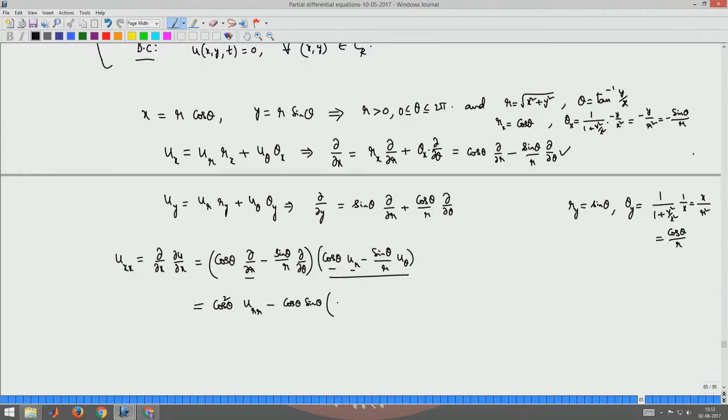So you have u_theta r into 1 by r, minus 1 by r square, that is the derivative of 1 by r, into u_theta. That minus I have already taken, so you are only differentiating 1 by r times u_theta. When you do that, this is what you have.